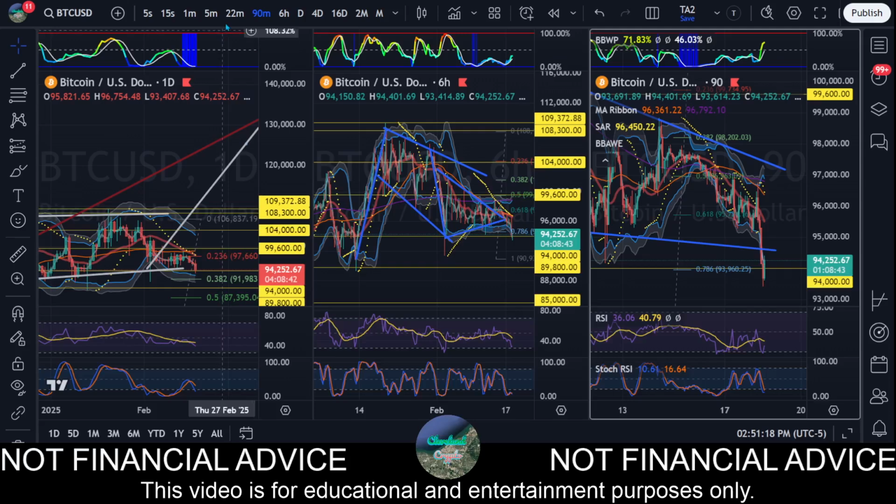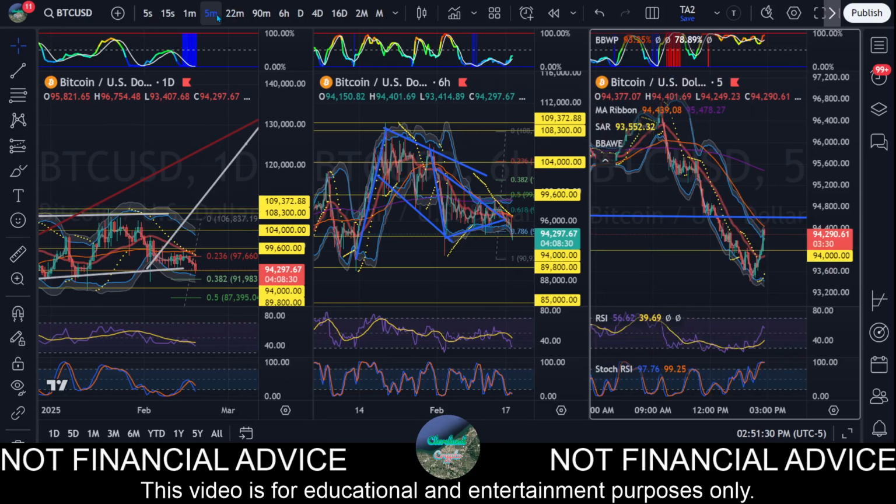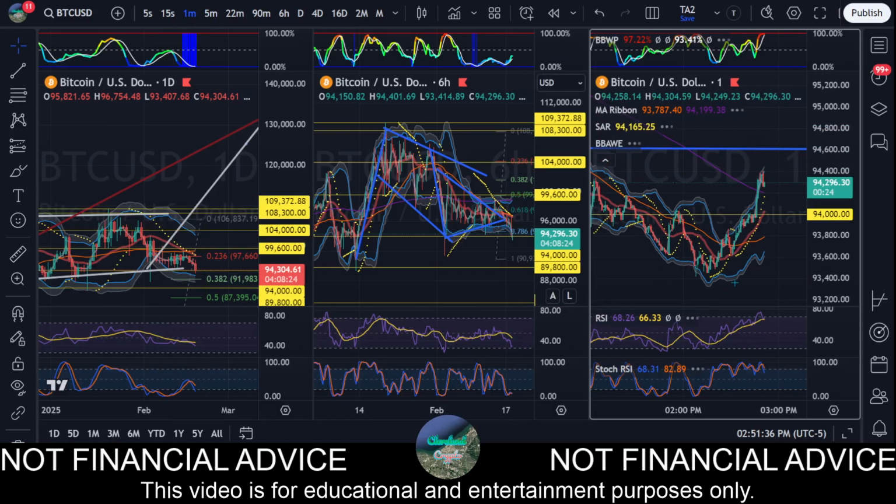If we go to some lower time frames from the 90, on the 22-minute we are seeing the RSI and the stochastics starting to turn around and pushing upwards. Same thing here on the 5-minute, pushing upwards, possibly signaling a V-shaped recovery for us. The 1 minute has actually even broken up over its 200 MA here.